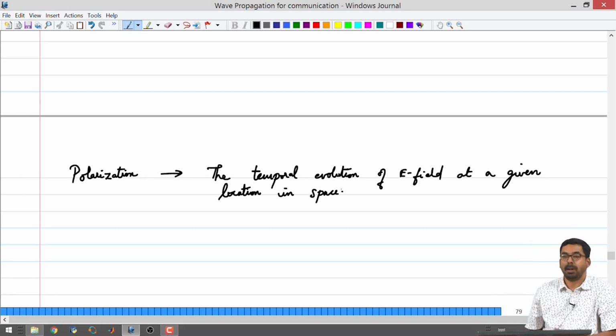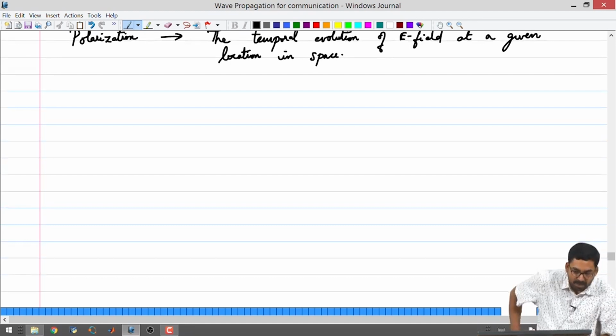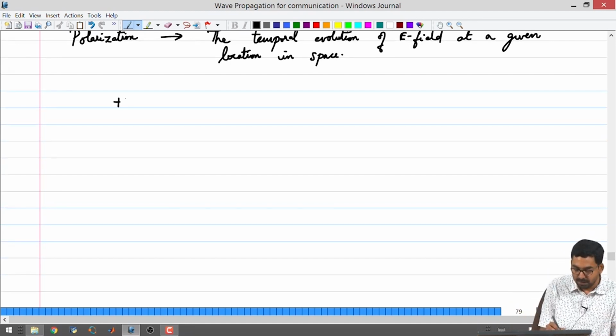So, what are all the possibilities, and what are they called, is what we are going to see now. We will start with a general case and then make it more specific. Once again, we are always assuming plus z to be the direction of travel.